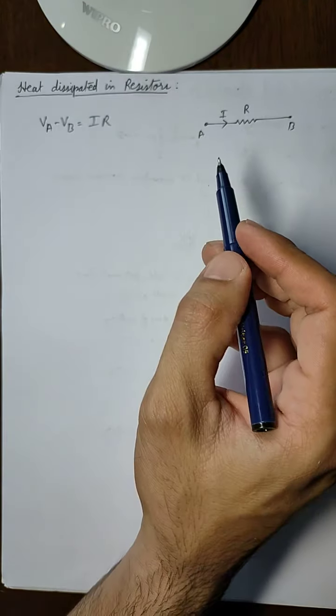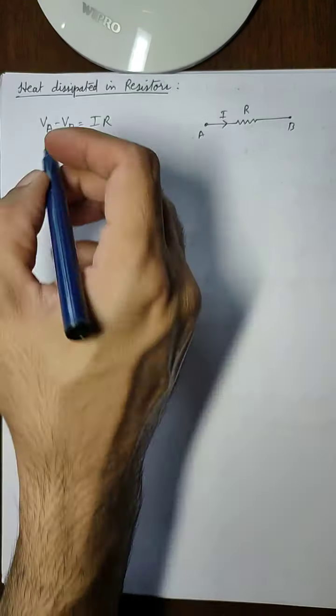Now if a charge Q is passed through resistor R, then the work required to pass this charge Q will be given as W equals Q into the potential difference, which is VA minus VB.